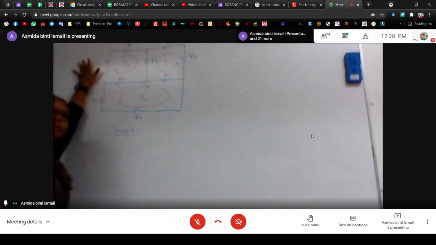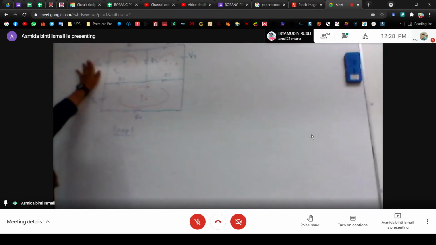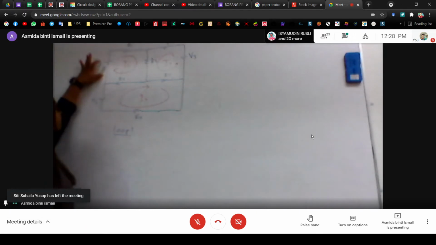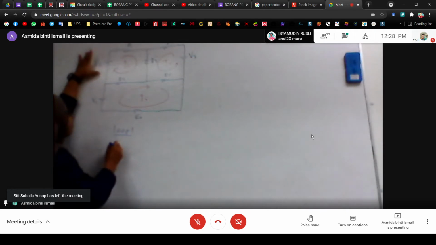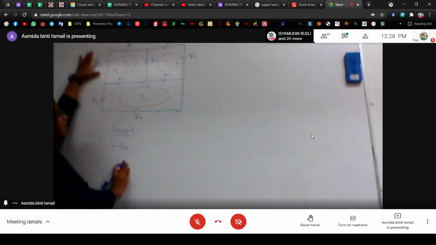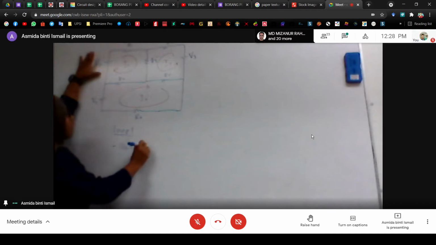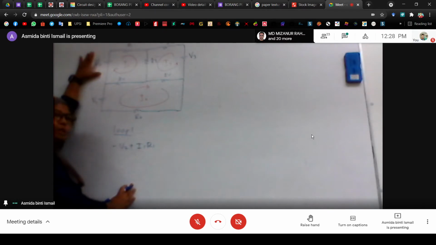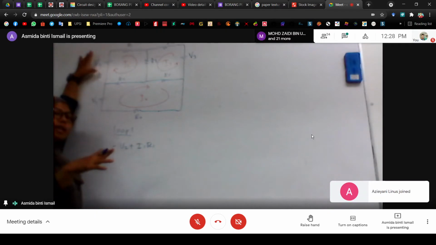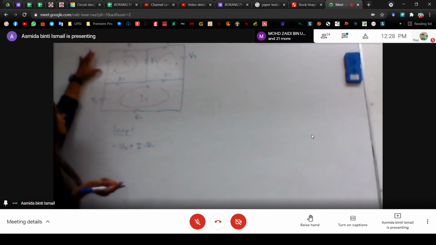Okay. Dah, awak punya equation dah siap. Okay. For this loop 1, is a minus V2 plus I1 R1. Okay. You boleh check, you can check my answer with your answer. Sama ke tak? Okay.